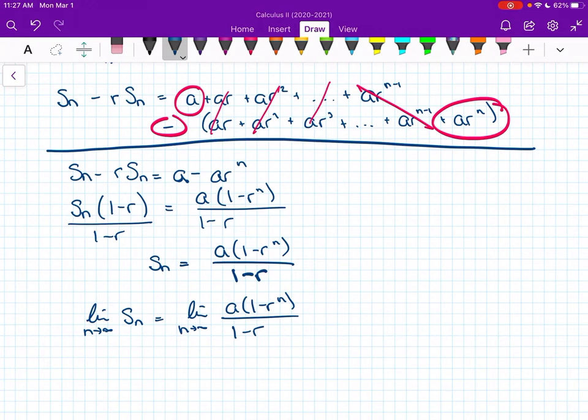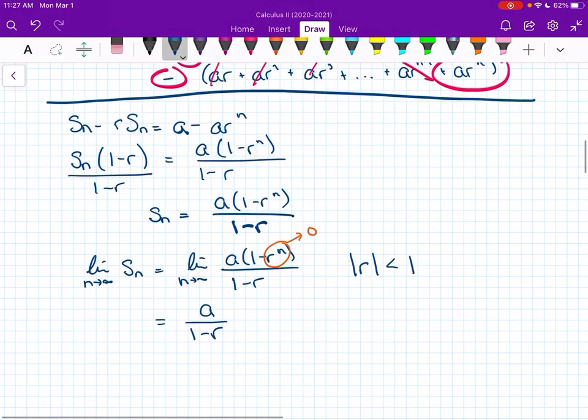So what happens here? As n goes to infinity, the limit of s sub n equals the limit of a times 1 minus r to the n over 1 minus r. And if the absolute value of r is less than 1, then this r to the n goes to 0. And so then I get a times 1 in the numerator, and that's going to equal a over 1 minus r.